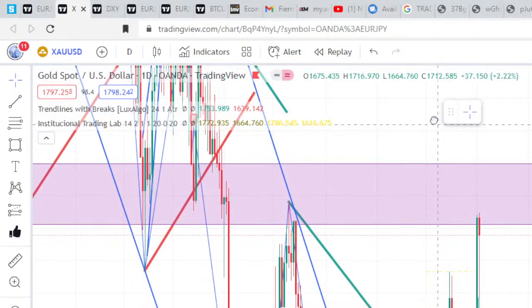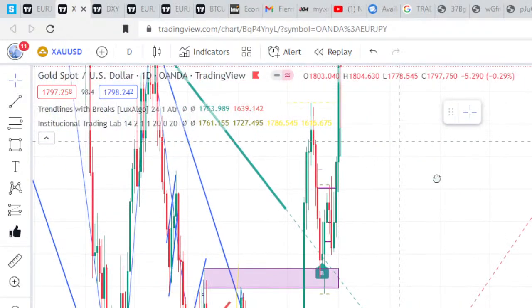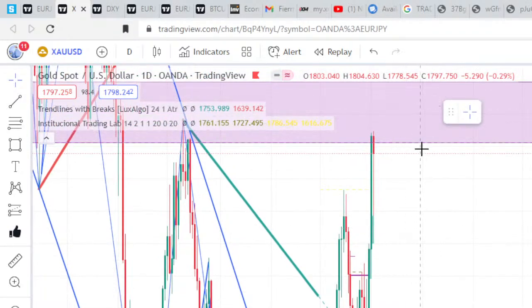Okay, so this is gold, basically a lot of drawings. This was one of the lines that were drawn earlier on. All the lines that I have on my gold chart are some of the lines that we drew months ago.